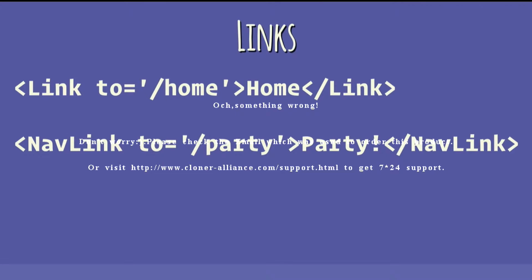The difference is if you're already on /party, it will add a class name of active to that link. So if you have a menu that's going to persist on every page, and it's going to show a link to the About page even if you're on the About page, but you want some indication that you're on that page, then you could use NavLink, and it will put a class name of active on that link. So you can style it differently from the others, which we will also see. Not too tough.